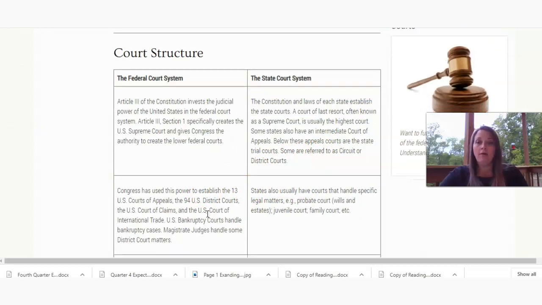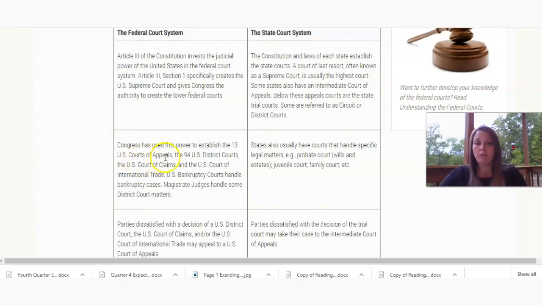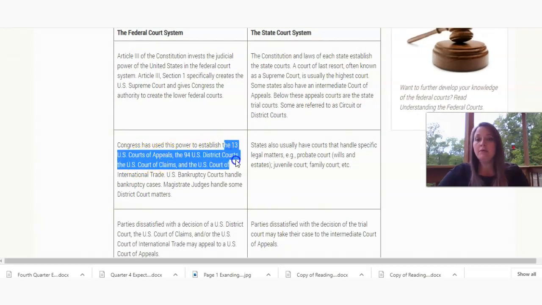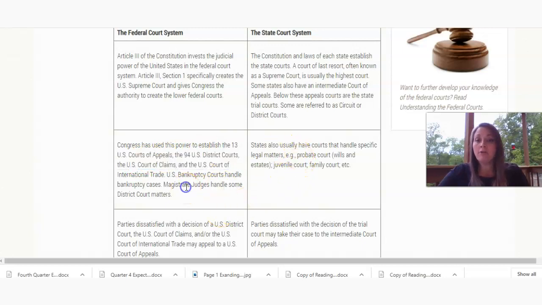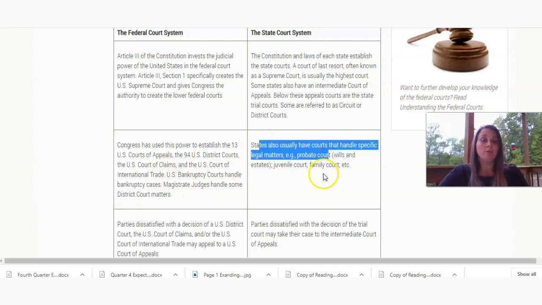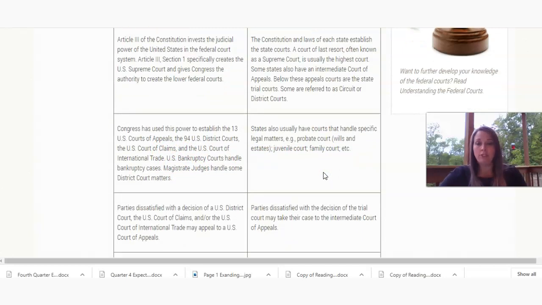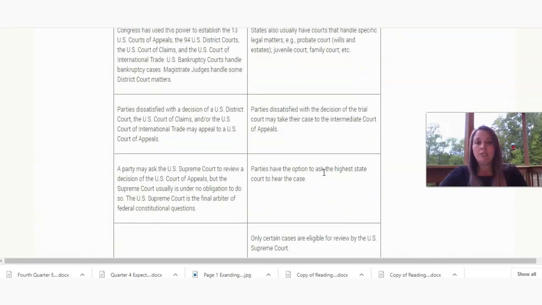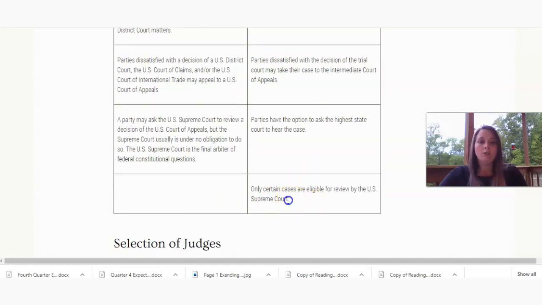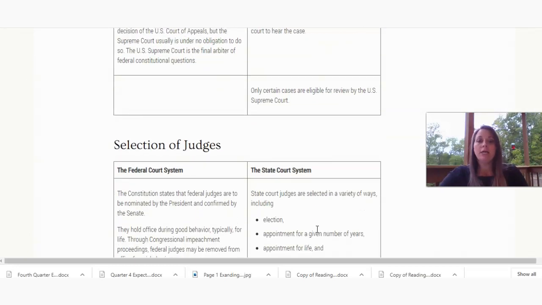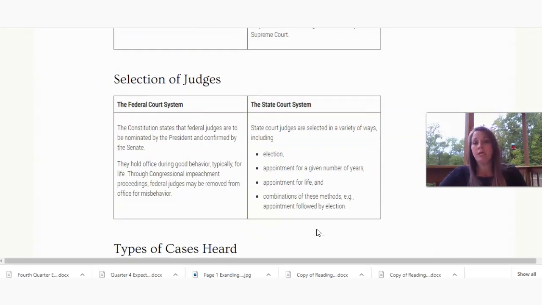Where here you have, again, looking at the federal court system, 13 courts of appeals, 94 district courts, and other types of courts as well. Same thing with states. They have courts that handle specific matters, and we're going to take a look at those in just a second. And if you continue to scroll on here, only certain cases are eligible for review by the U.S. Supreme Court. So that's pretty important when you look at the jurisdiction for the U.S. Supreme Court. Selection of judges are a little different most of the time.